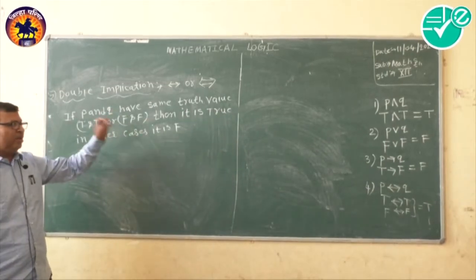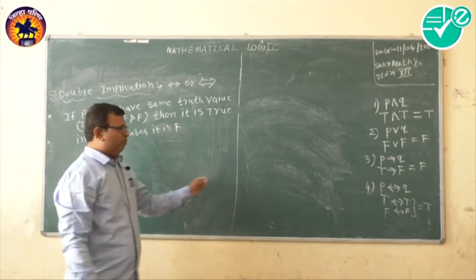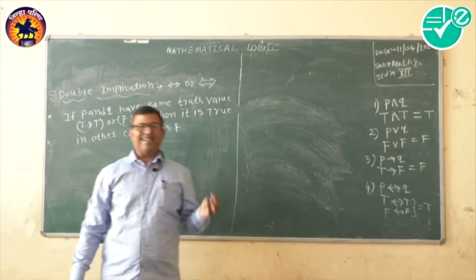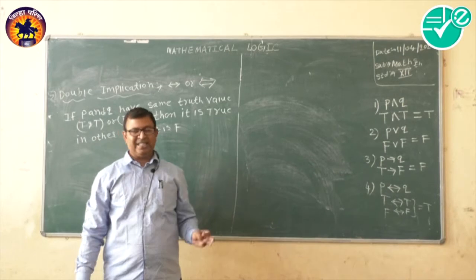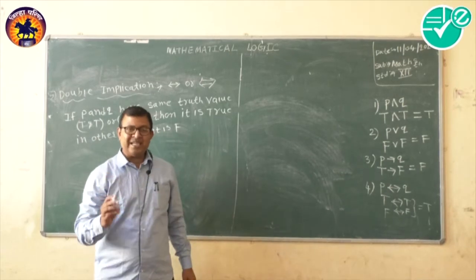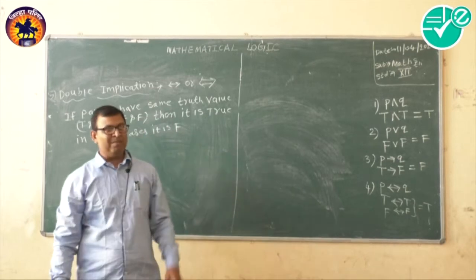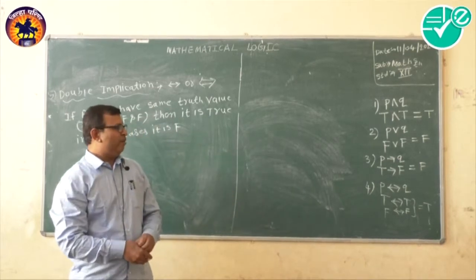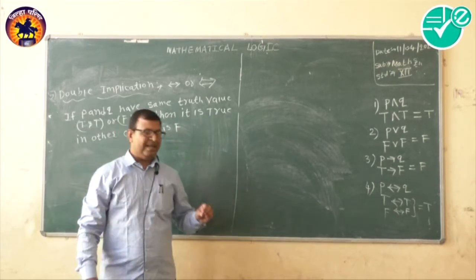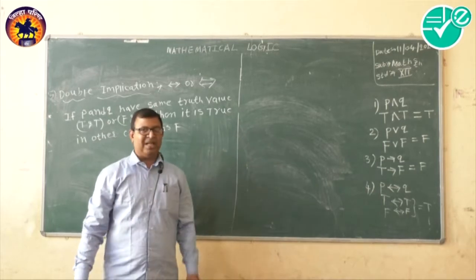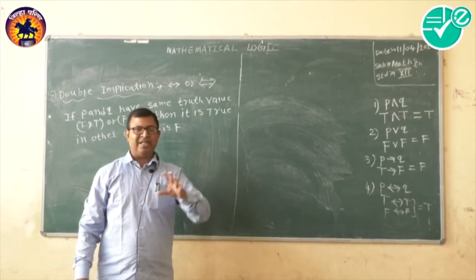All of you understood? From the start, we have studied conjunction, disjunction, negation, implication, and double implication. When we start to learn the tables, it is not possible to memorize them all.